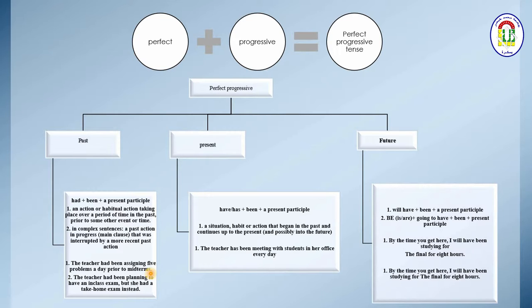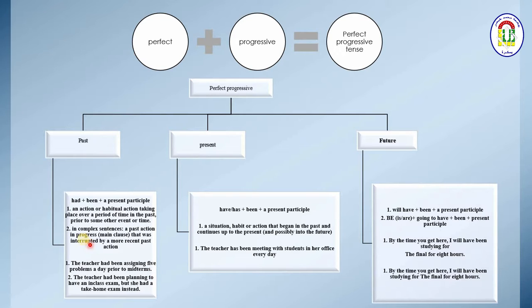He had been assigning for a period of time, and this period of time is over in the past. So this is called the past perfect progressive. It is perfect, it has ended in the past, but it took a long time. It took a period of time.